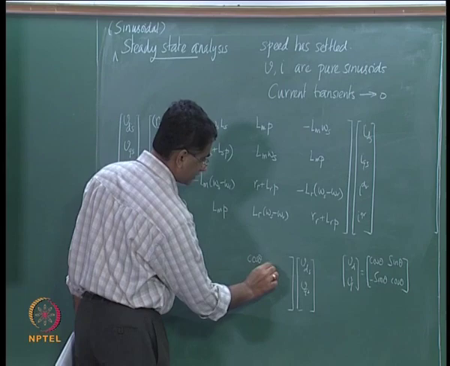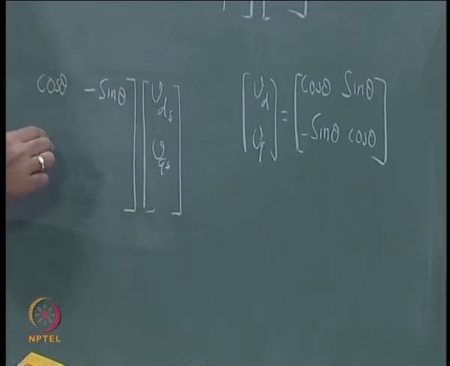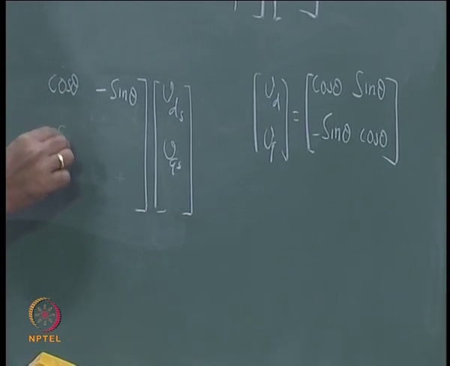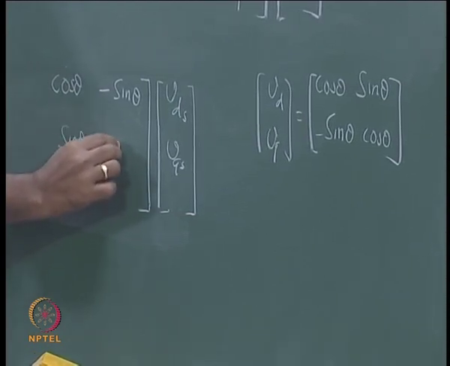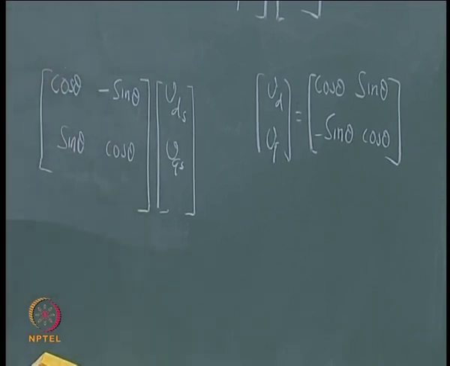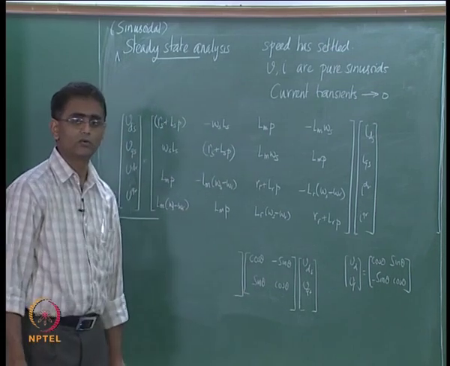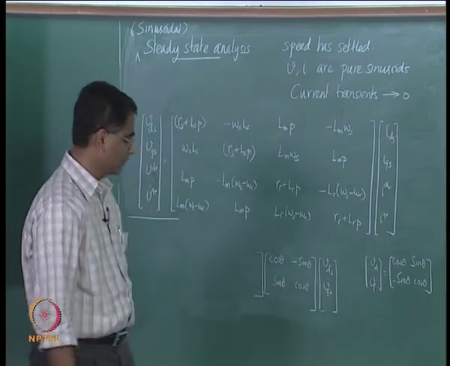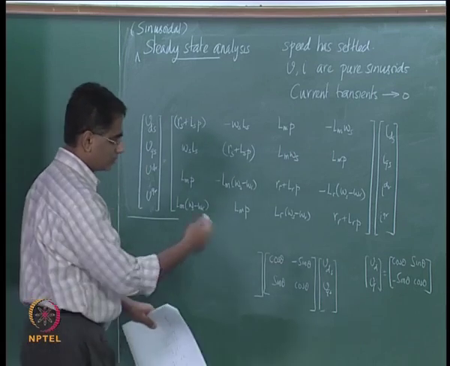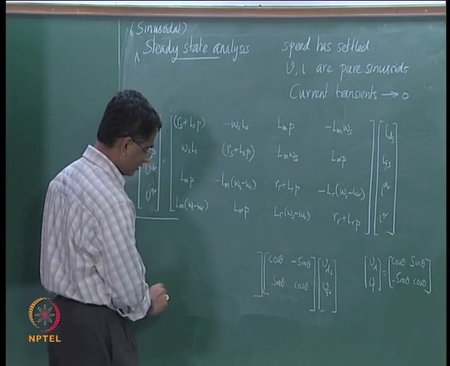So you have cos theta minus sin theta and then sin theta and cos theta. That would then be in the alpha beta frame, and then from the alpha beta frame you want to transfer to the ABC frame, and there again you have to transpose whatever system matrix that we used.